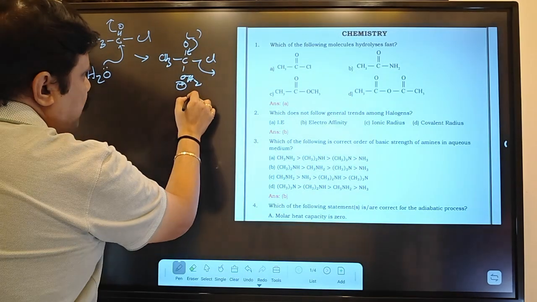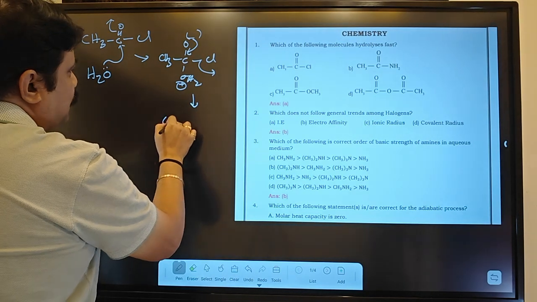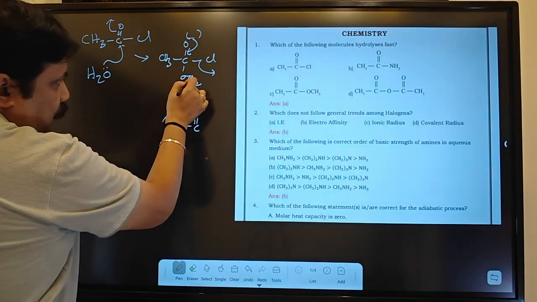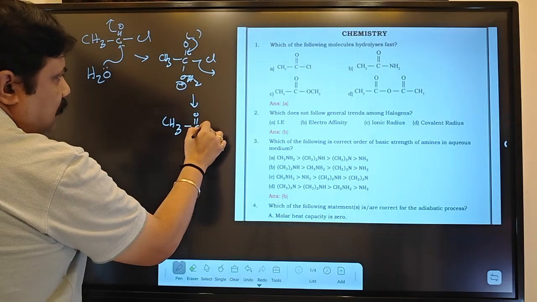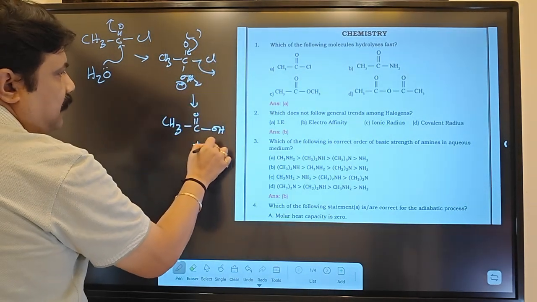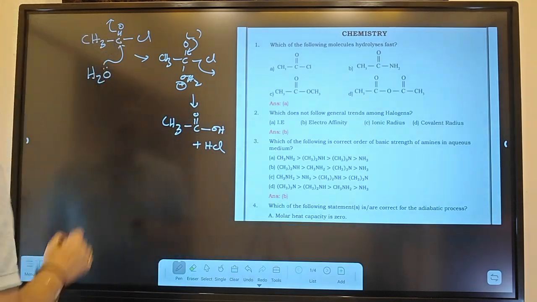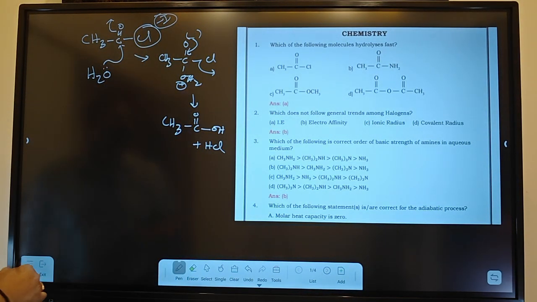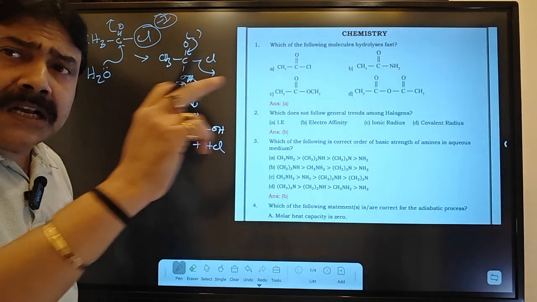Why? Because chlorine is a very good leaving group. So you are getting CH3CO with OH2 plus, which also loses a proton so that it forms OH, and H plus and Cl minus form HCl. Now the Cl exerts the minus I effect, electron withdrawing via inductive effect.